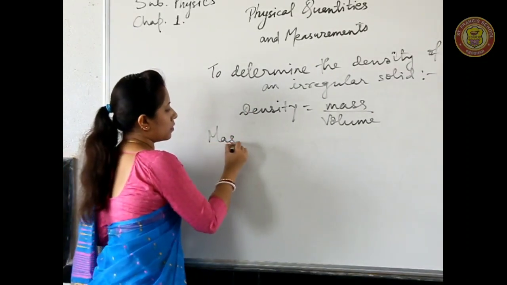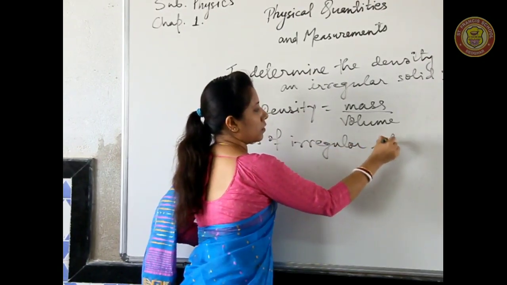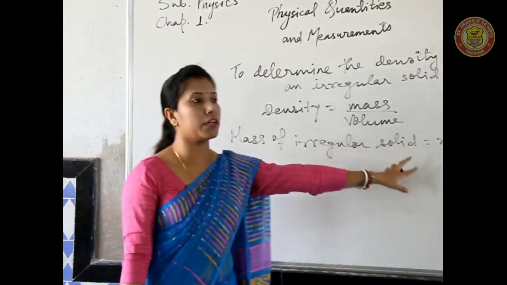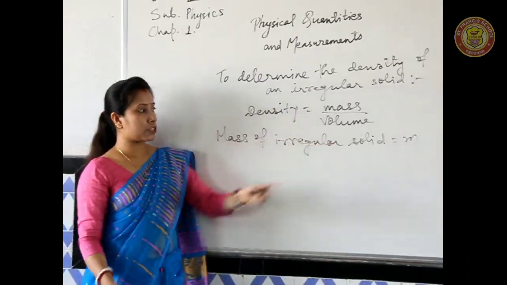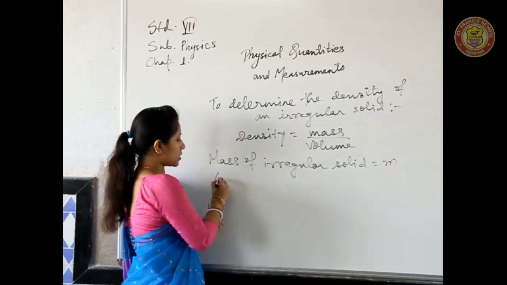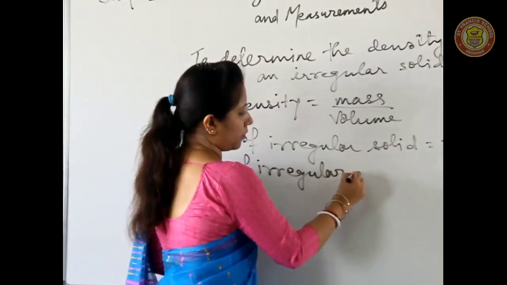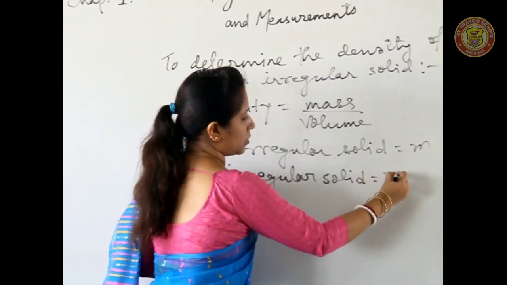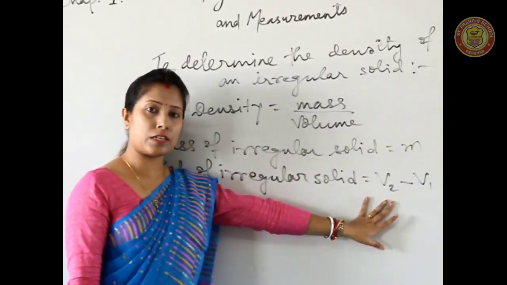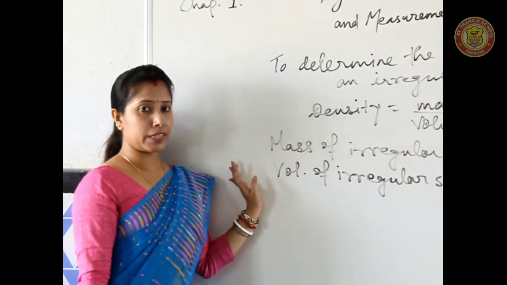Suppose the mass of the irregular solid is taken as M, which we will find by using a physical balance. Next is the volume of the irregular solid, that is equal to V2 minus V1. So from where do we get this V2 minus V1? This is found by using the method of measuring cylinder.